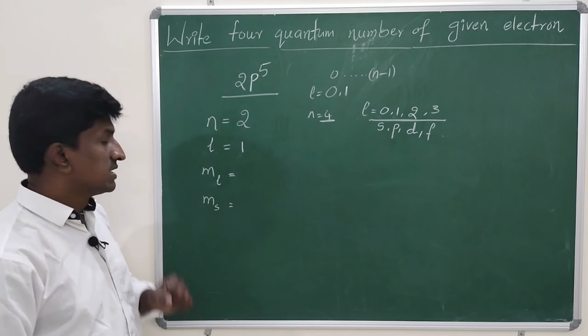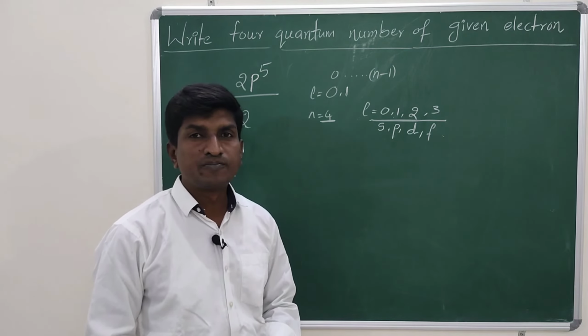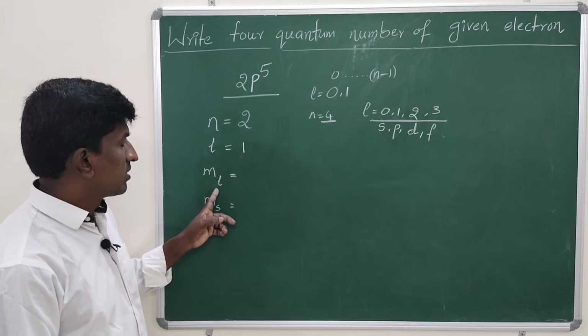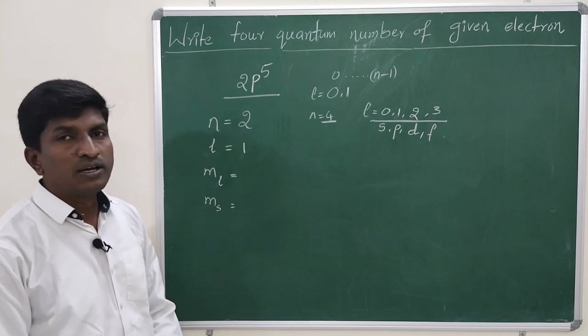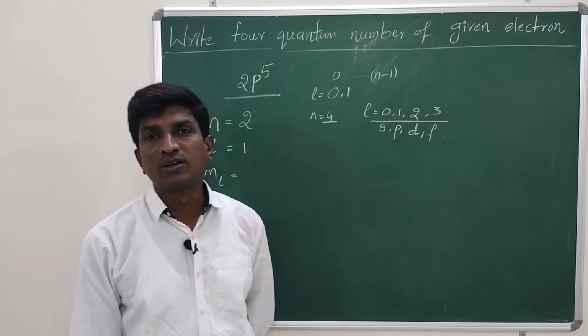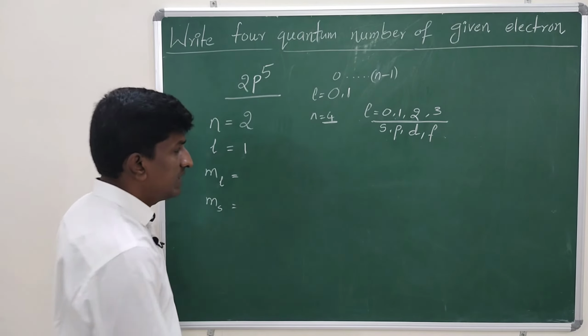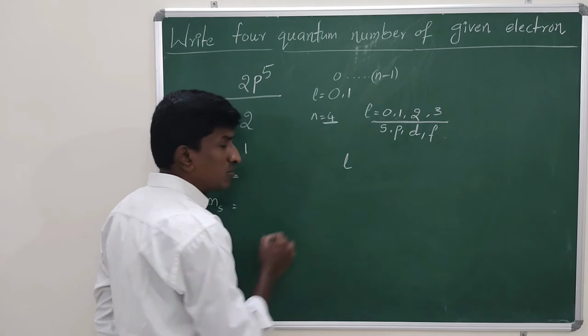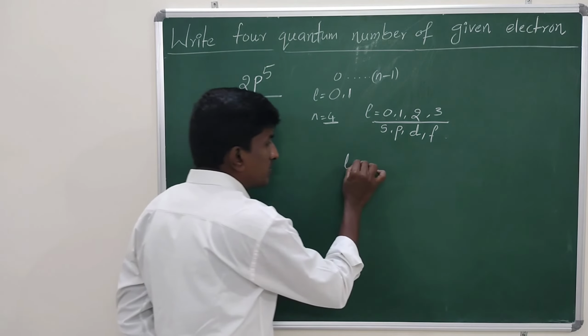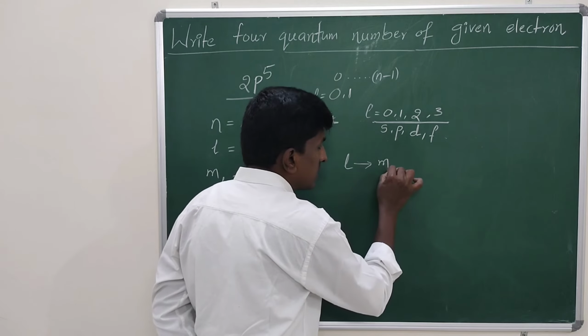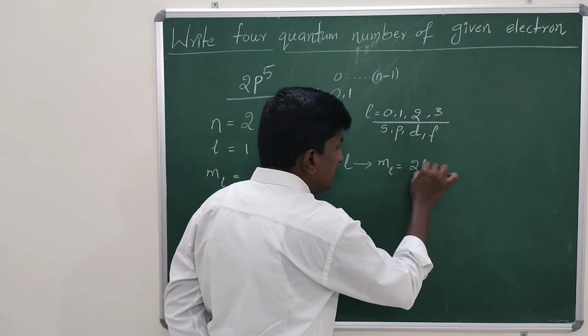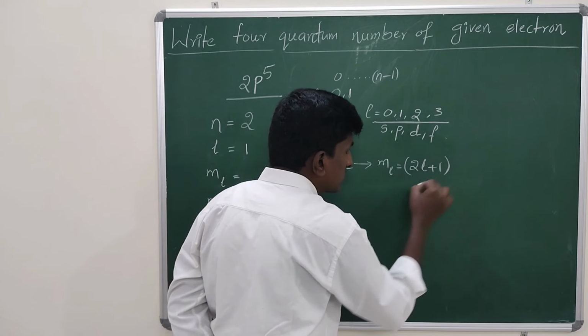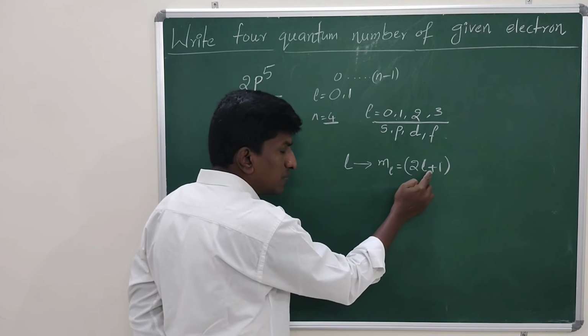Now let us discuss the magnetic quantum number. The magnetic quantum number mainly depends on the angular momentum quantum number. For any given angular momentum quantum number, the total number of magnetic quantum numbers is 2L plus 1.